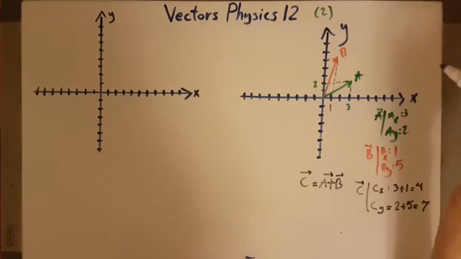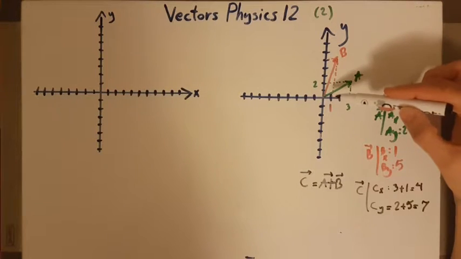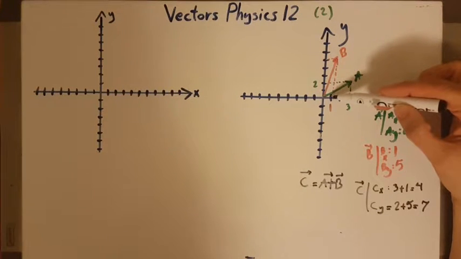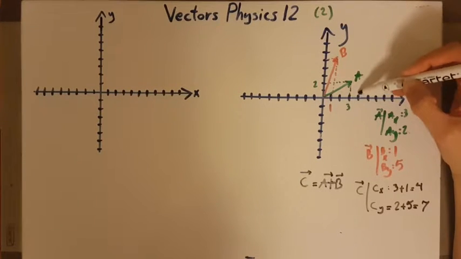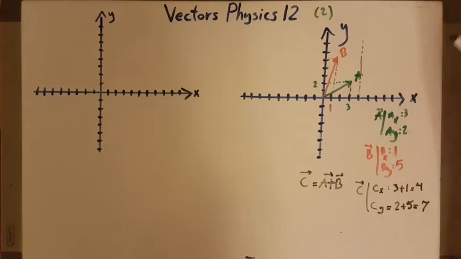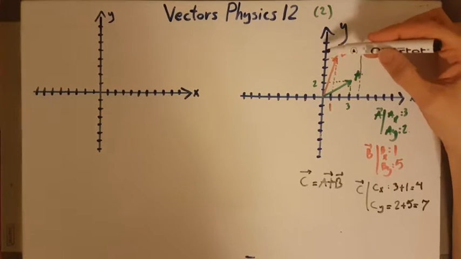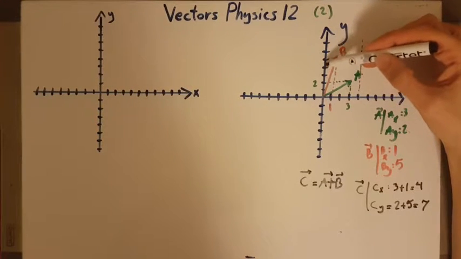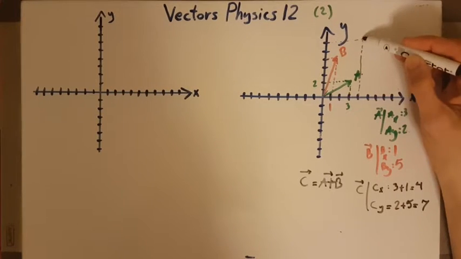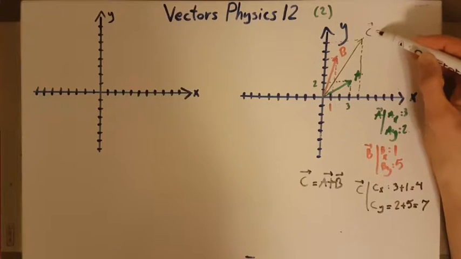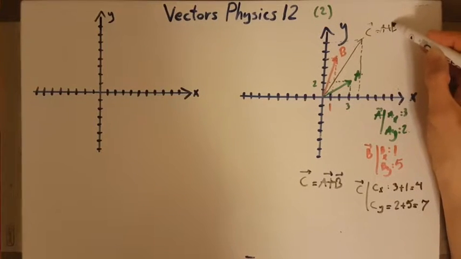So let's draw that one. 4 on x, and I draw perpendicular here, and 7. 1, 2, 3, 4, 5, 6, 7. Okay, this would be my C, which is the addition, A plus B.